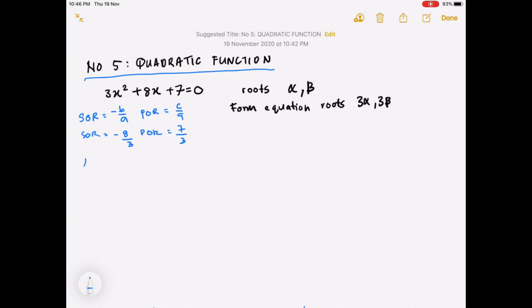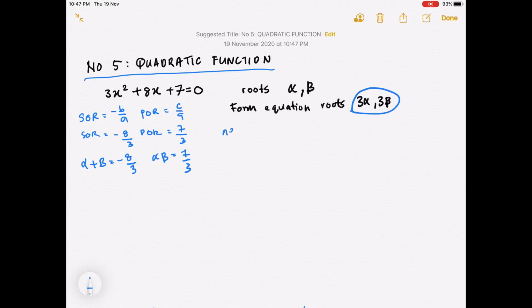So meaning that alpha plus beta is negative 8 over 3 and alpha beta is 7 over 3. Okay, this is sum and product. So you want to form a quadratic equation with these roots.